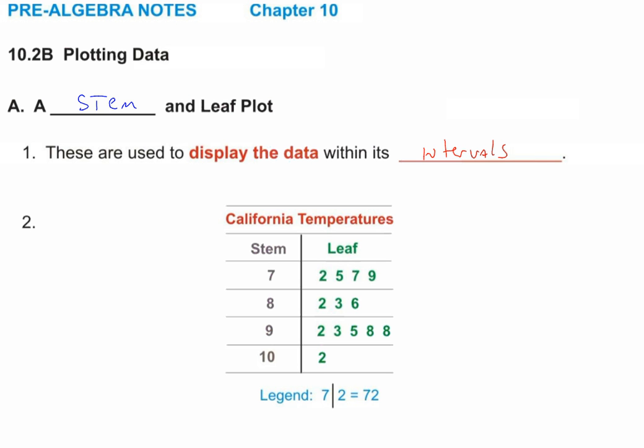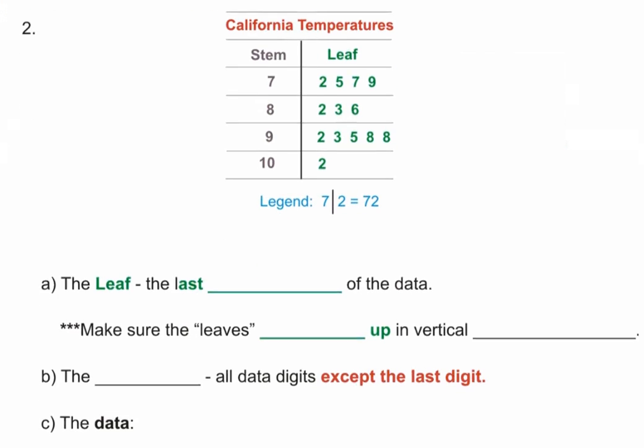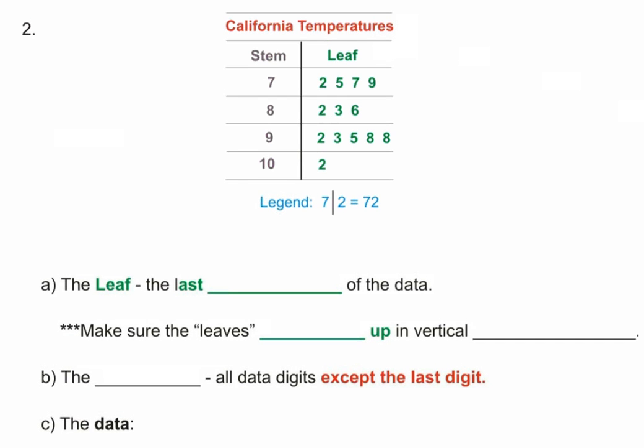Now, not every stem and leaf plot is created equal. There are a couple different ways they can look. They don't always have a title. Though if you ever make one, you should always have a title. But unfortunately, not every time will you see a title. This one is California temperatures.